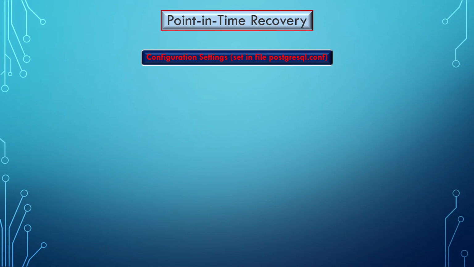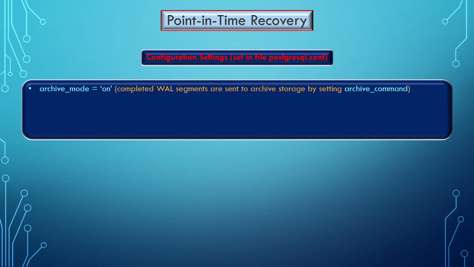In order to do point-in-time recovery, the following configuration settings will need to be set in the file postgresql.conf. Archive mode will have to be set to on, which is where completed WAL segments are sent to archive storage by setting the archive command.